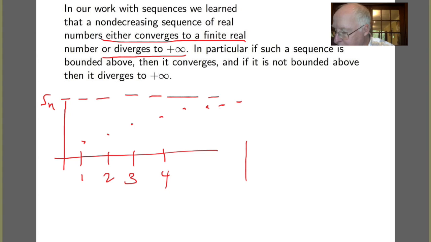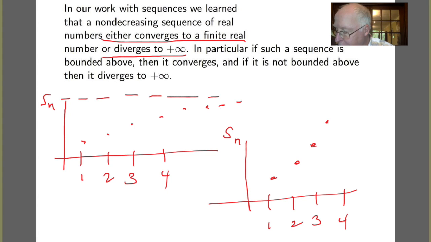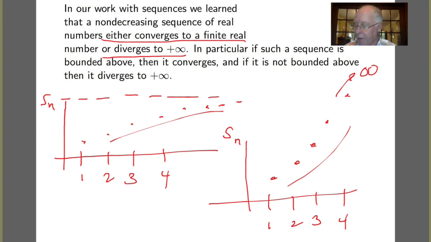The other option was that there is no line above which these things can't go, and in that case we might have the sequence going off to infinity. But because the sequence increases, these dots have to rise from left to right. They can't go down to minus infinity, and they can't oscillate up and down.